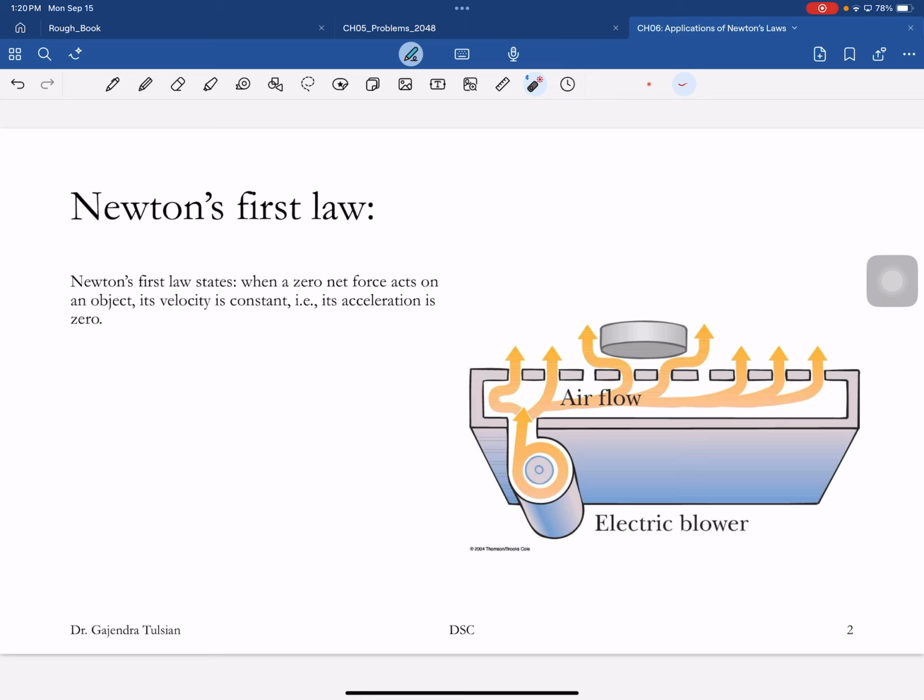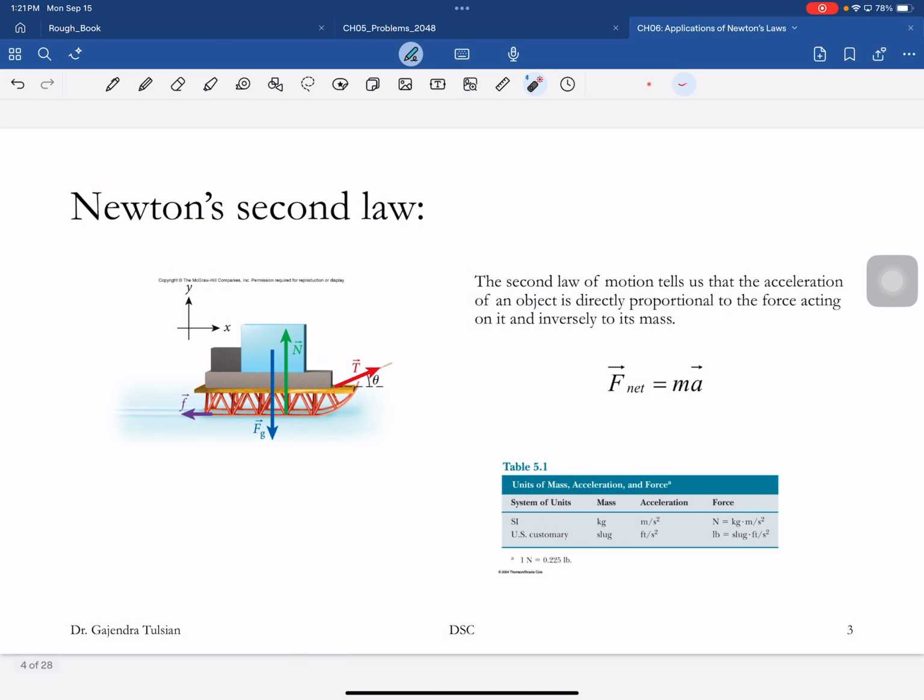That was the whole purpose of this bed of air on which it's floating. So if you push it, it'll maintain a constant velocity, and that's so different from your everyday experience that it's exciting.